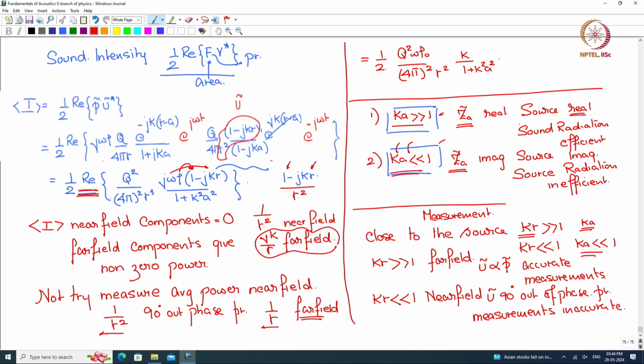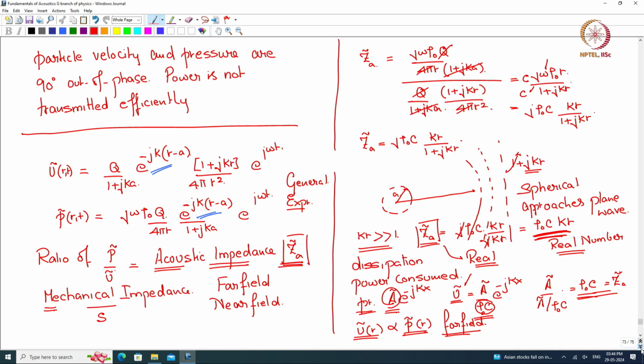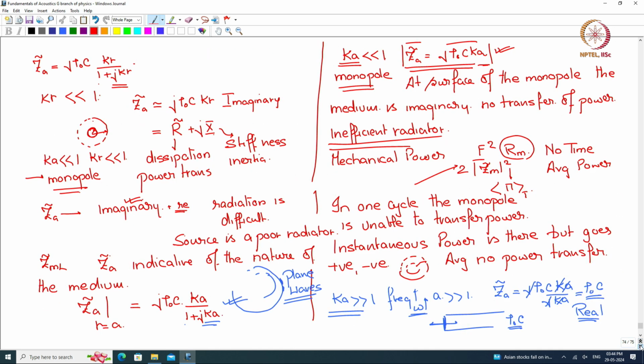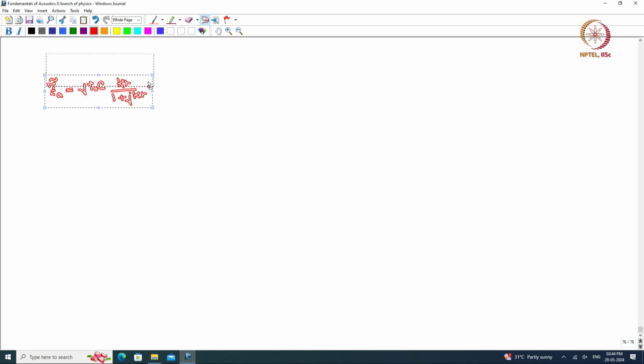Okay, so now we saw this here, this acoustic impedance. Let me carry it forward. Okay, this is the acoustic impedance.